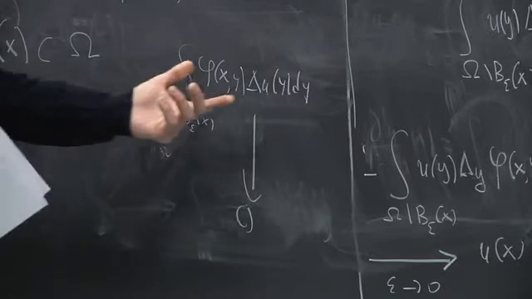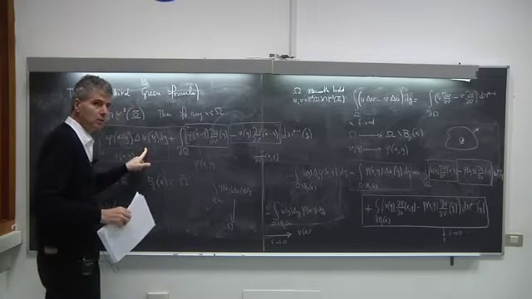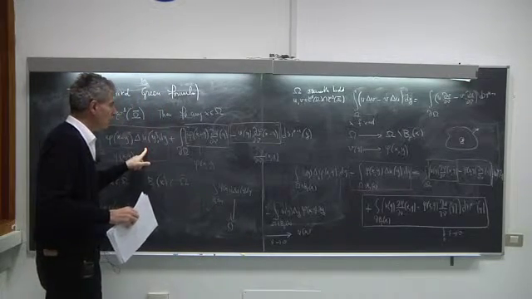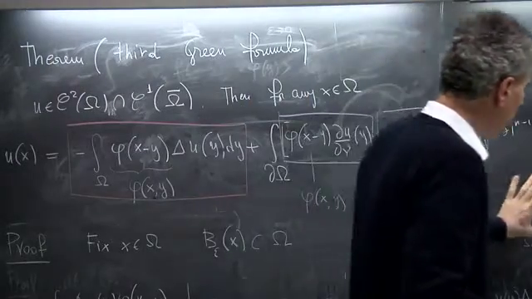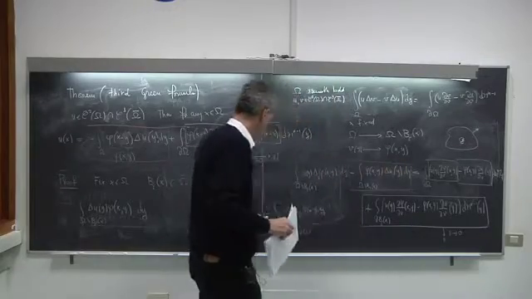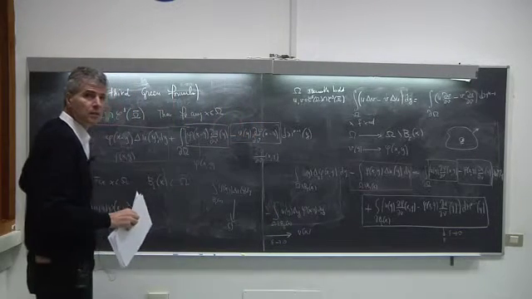It is immediate. Therefore, this red quantity goes to this red object. Now, what remains to show is that if I put this on the right-hand side, with the minus, this converges to u of x.